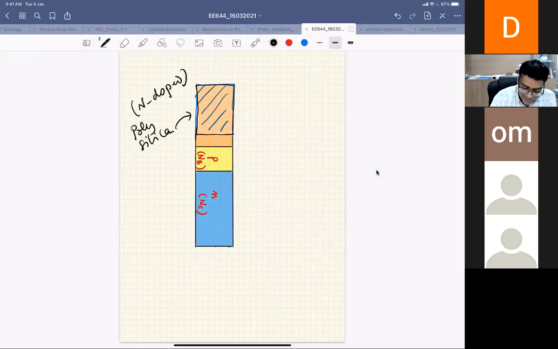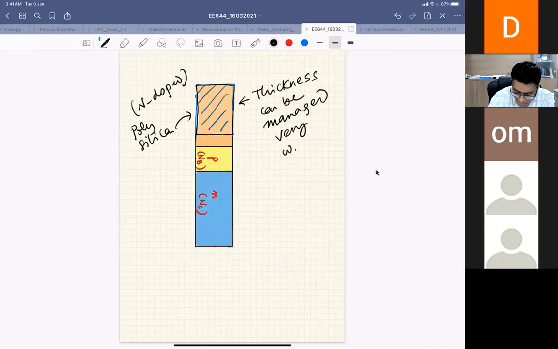And since this is a deposition process, polysilicon is deposited on top of silicon, so the thickness can be managed very well because this is a deposition process.